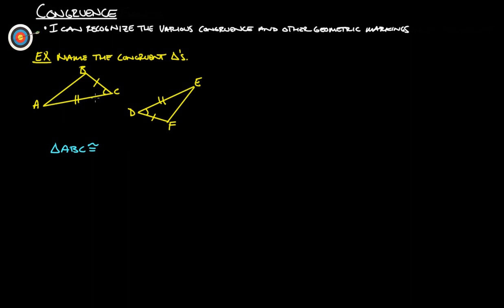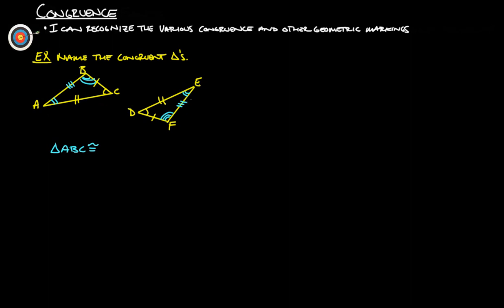So let's see, this angle is the same as that angle. So we know that this is going to be the same as that. This side here has to be the same as this side here. And this angle here, we've got 3, is going to be the same as this angle here.